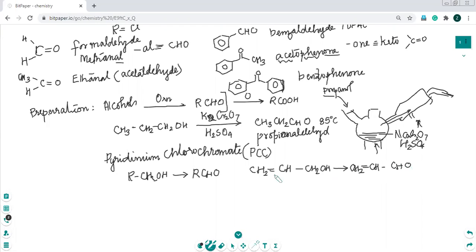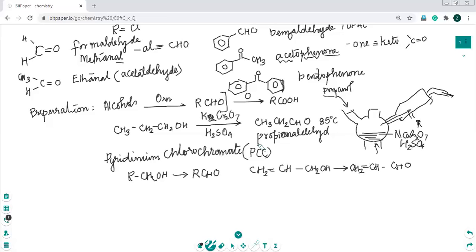Suppose you are using sulfuric acid and dichromate here, this side also will get oxidized. With PCC, the double bonded group is not affected by the oxidation. If you are using dichromate or potassium permanganate, this part will get oxidized. So that is the importance of PCC, pyridinium chlorochromate. Don't worry about the structure of the molecule.